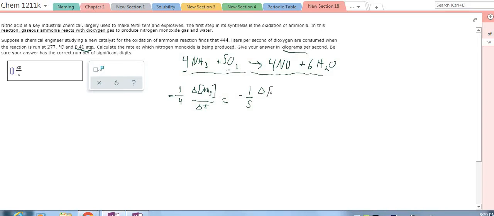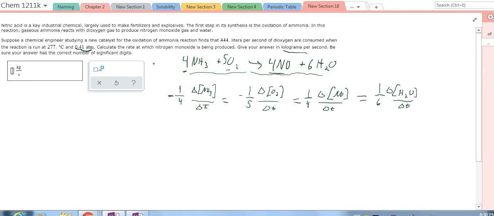That's the change in O2 with respect to time, and that's going to be equal to 1 over 4 times the change in the concentration of NO with respect to time, and that's going to be equal to 1 over 6 times the change in the concentration of H2O with respect to the change in time.